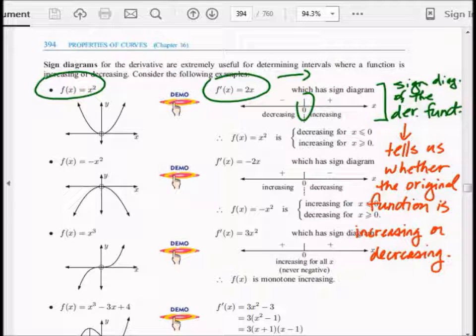The negative sign represents a decreasing function on our original function. The positive sign represents an increasing interval on our original function.